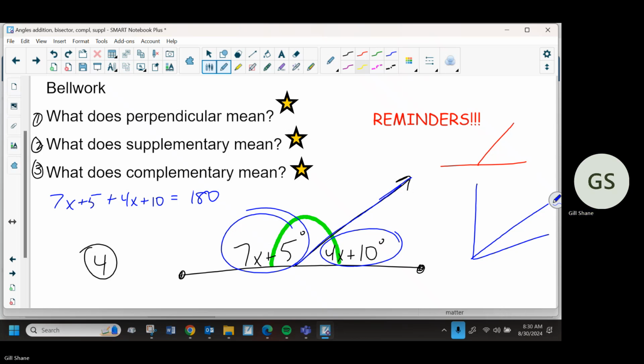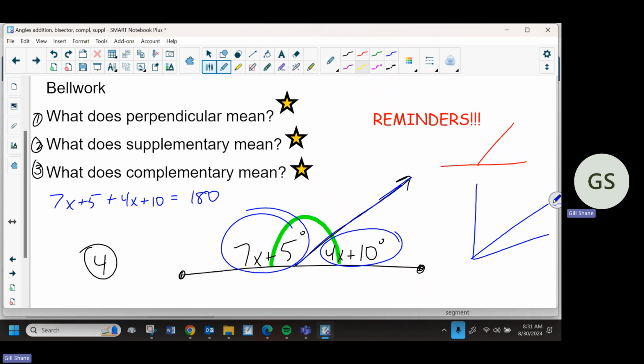We said what's important about that little circle thing, which means that is about what? If this is about degrees, then what is this about? The whole thing is about what? It's about the measure of the angle. If there's no degree symbol, it's about the length of a line segment.